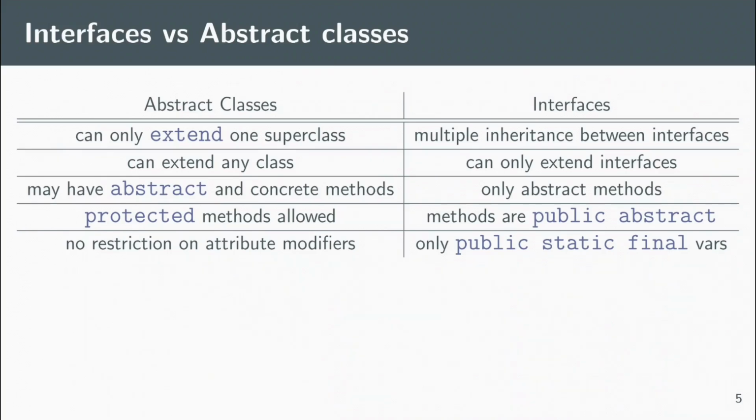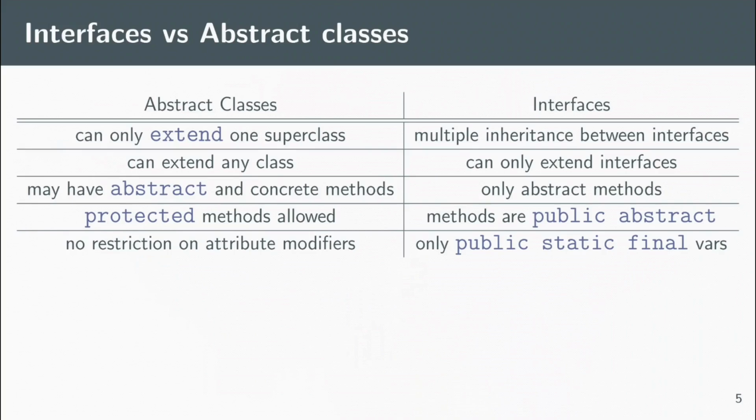Technically, in abstract classes, you can only extend one superclass. So there's single inheritance in abstract classes as for any other class. Whereas, as demonstrated just now, interfaces can have multiple inheritance, so they can inherit from multiple other interfaces. An abstract class can extend any class, whereas an interface can, of course, only extend other interfaces.